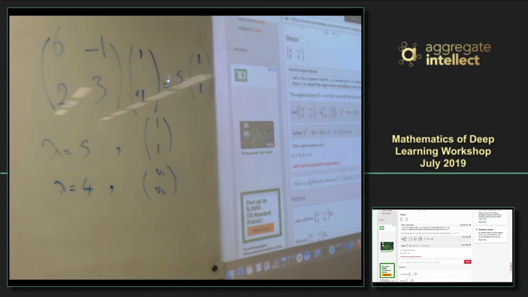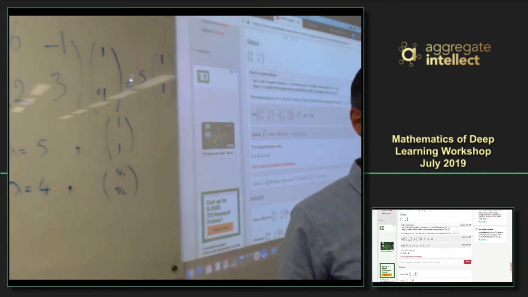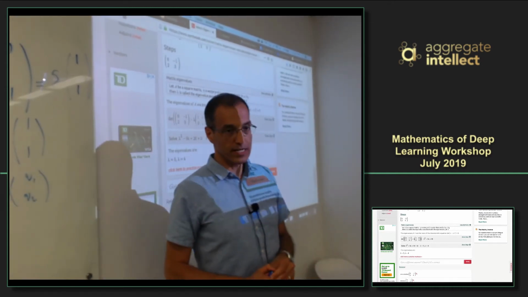Is the number of eigenvectors the same as the rank of the matrix? Yes, the number is the same. Let's say you have a 5 by 5 matrix, you expect to have 5 eigenvalues and 5 eigenvectors.